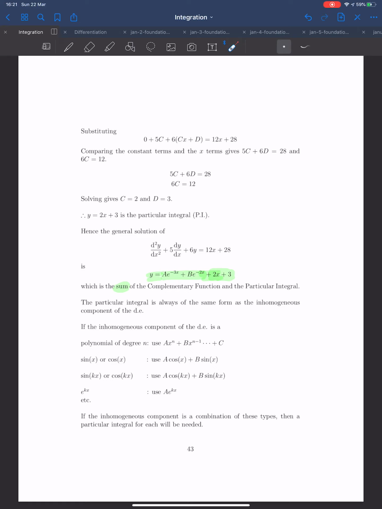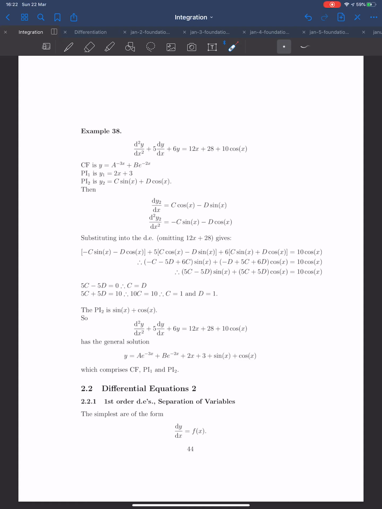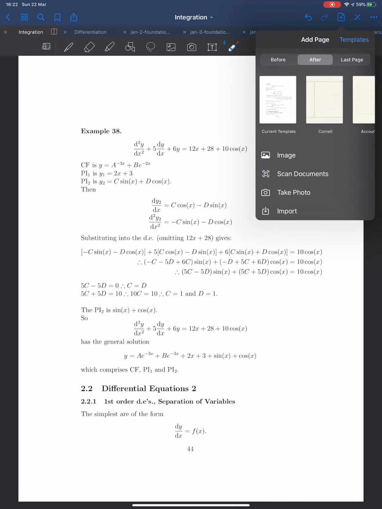If you've got sine or cosine, you've got to use a cos x plus b sine x, and you've got to use both because one differentiates to the other. Or if you've got sine kx or cos kx, again a cos kx plus b sine kx. If you've got e to the kx, you've got to use a e to the kx. And if you've got a mixture of two or three of them, you've got to use all the ones that you've got. An example.